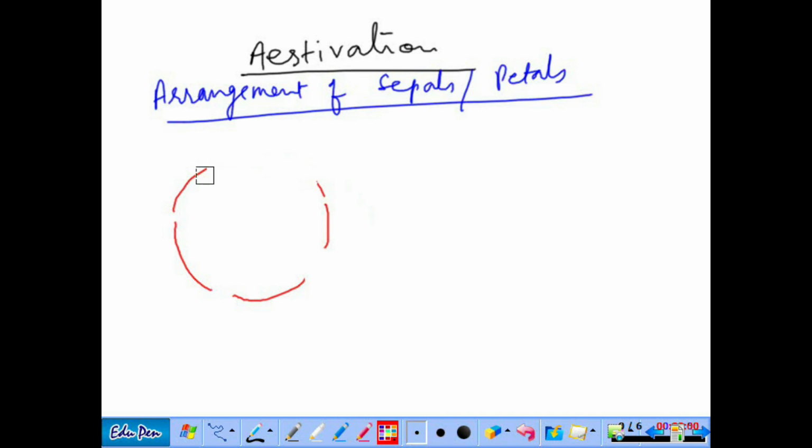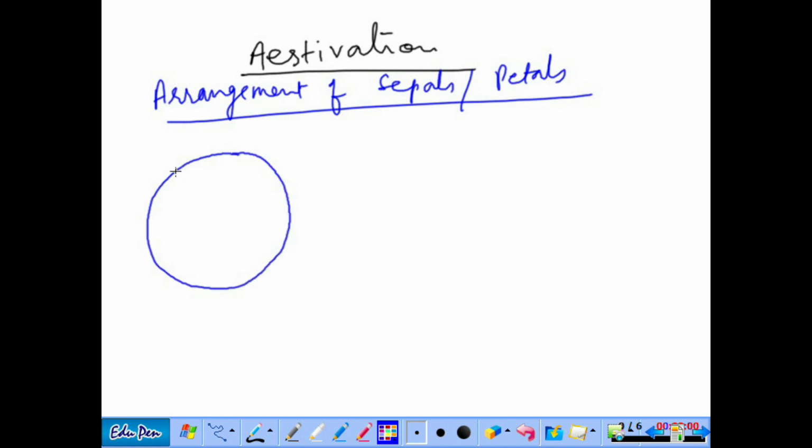So, arrangement of... ध्यान से देखिए. When the sepal and petal, सेपल और पेटल, they simply attach, no overlapping.